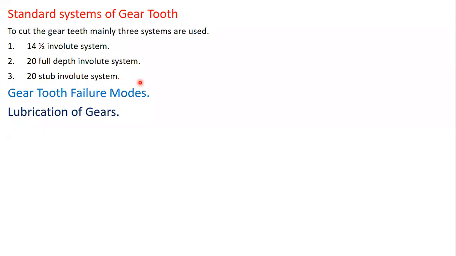And as the gear starts rotating, due to the rolling and sliding action of the gear teeth, some types of tooth failure or wear may occur. We'll discuss that. The first one is abrasive wear.